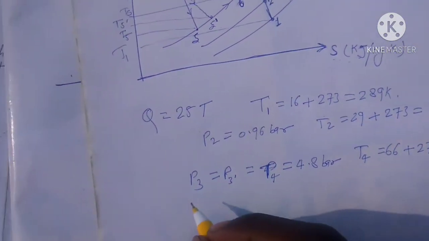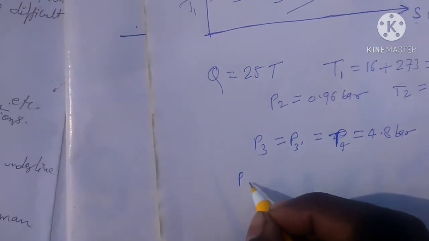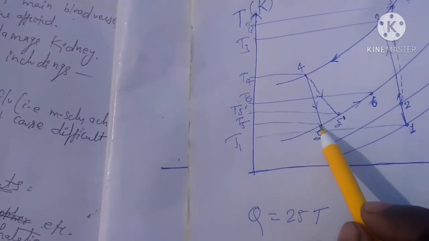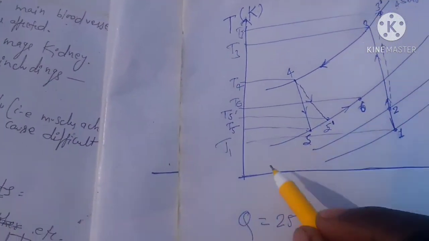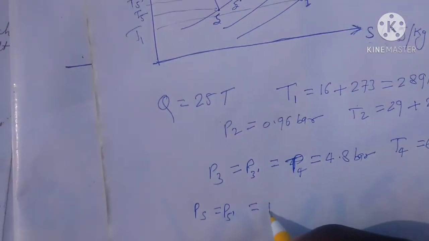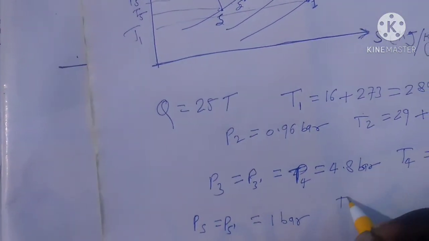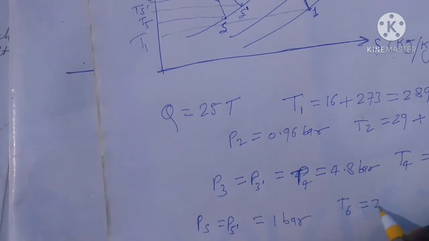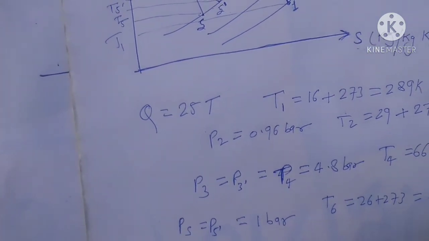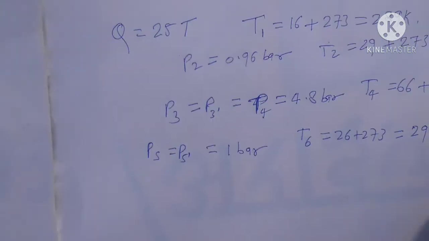Here P5 equals P5 dash, because it is a constant pressure line, and it is given as 1 bar. T6 equals 26 plus 273, which becomes 299 Kelvin.